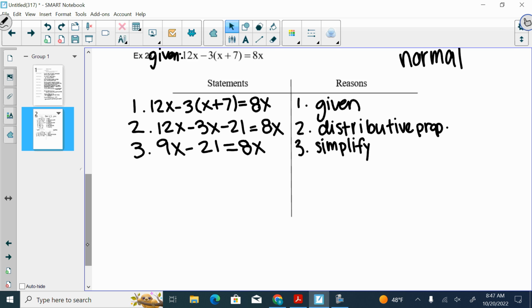So whenever we subtract, yes, you could move the 8x over here, but then that means you have to move the 21 to the other side. And when you're doing a proof, you want to get there as quick as possible, right? So the quickest way to do this would be to move the 9x over to where the 8x is. So if I subtract 9x from both sides, I'm going to end up with negative 21 is equal to negative x, right? And my reasoning behind this would just be that we subtracted, so subtraction property.